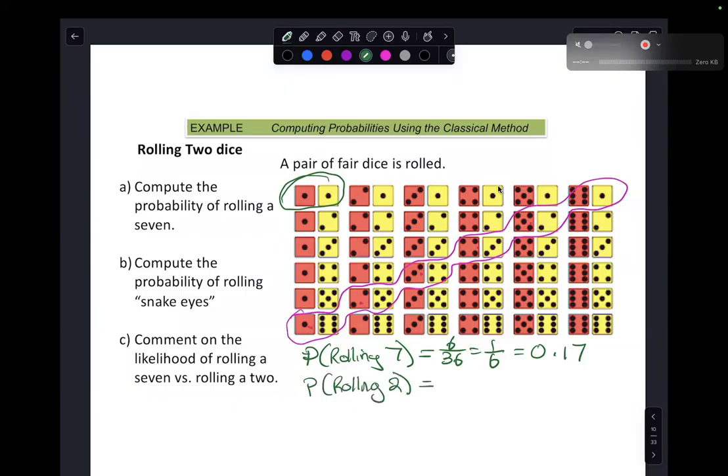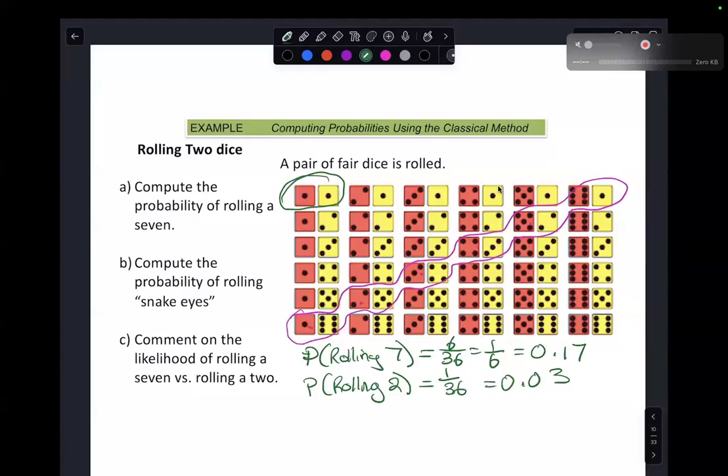You got that already. 1 out of 36. I definitely don't know that decimal. 0.03. So when you're commenting on the likelihood of rolling a 7 versus rolling a 2, all it wants you to say is you are 6 times more likely to roll a 7 than roll a 2. That's all it's looking for.